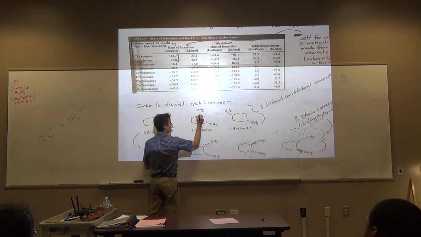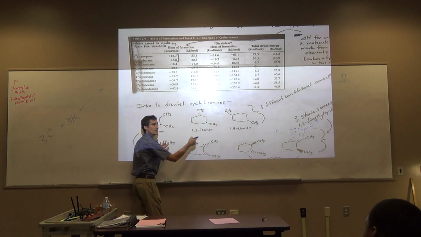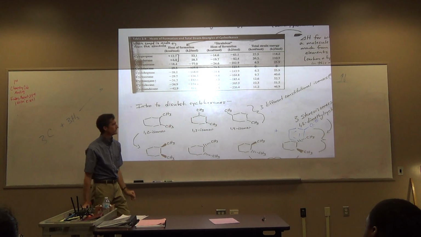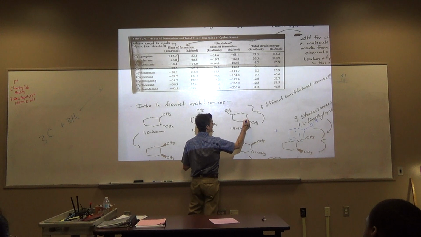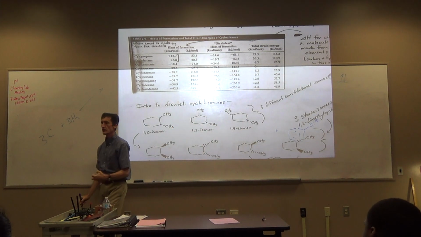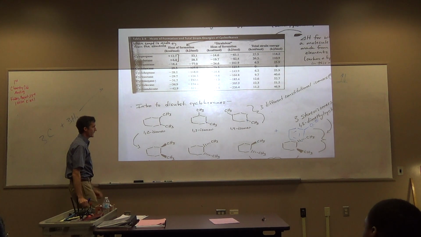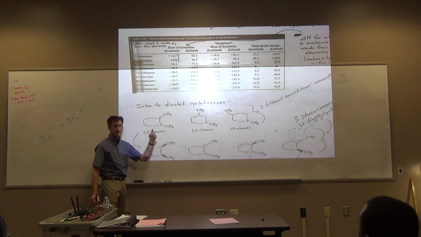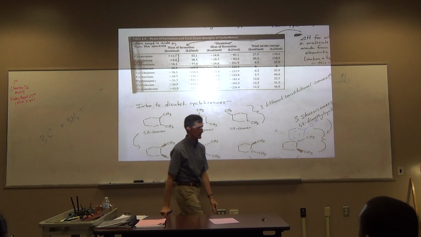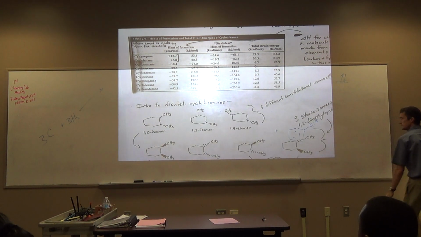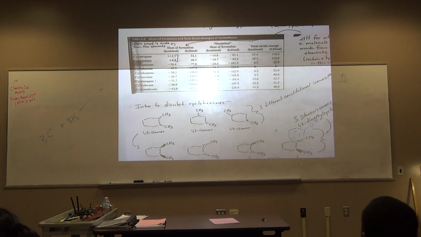If this is 1, the other one is at the 3. So it's a 1,3 relationship. And this would be 1,4. Okay? So different constitutional isomers. And the fact that this has different numbering tells you it's a constitutional isomer. Because the other type of isomer is not going to have different numbering when we get to it.